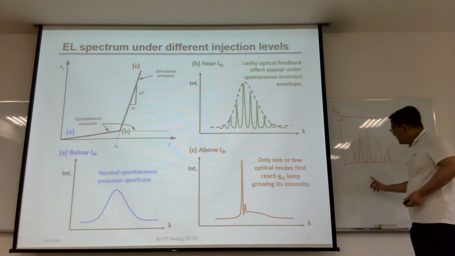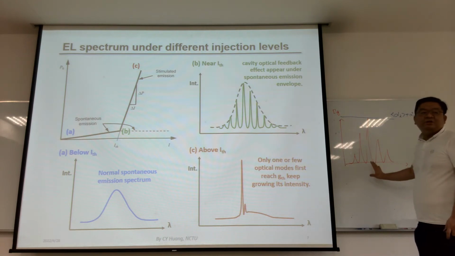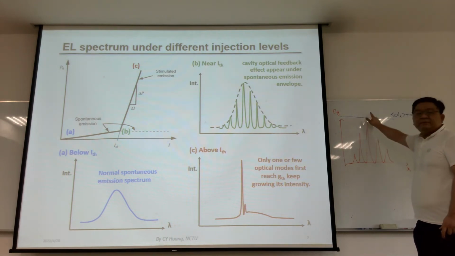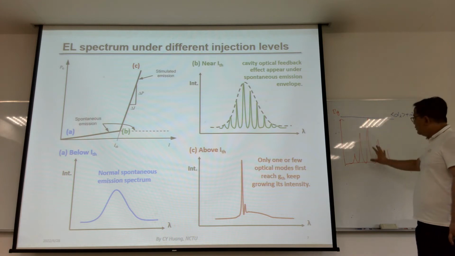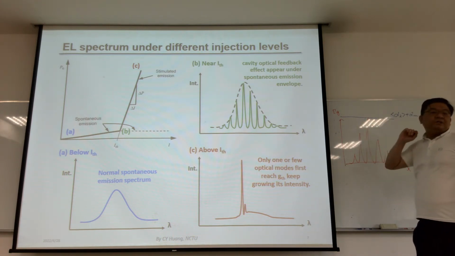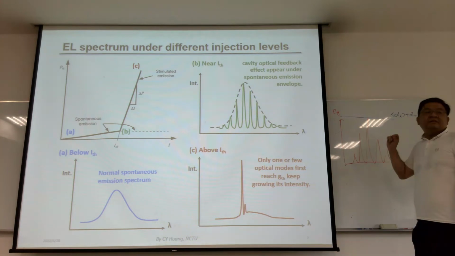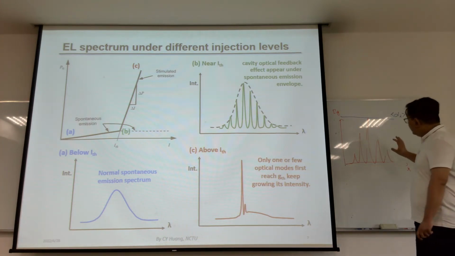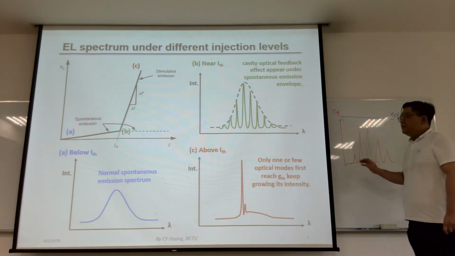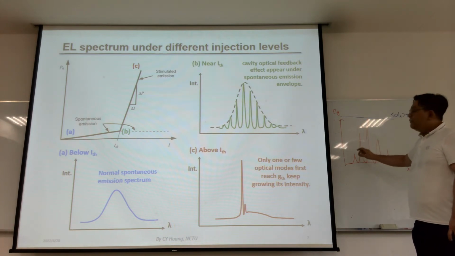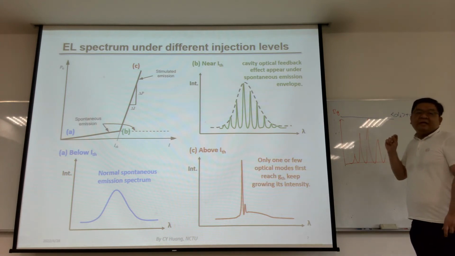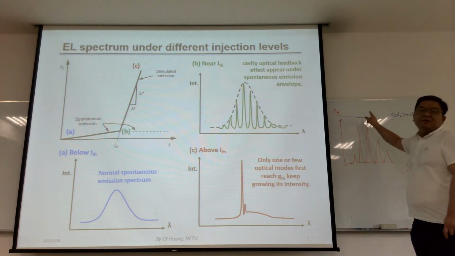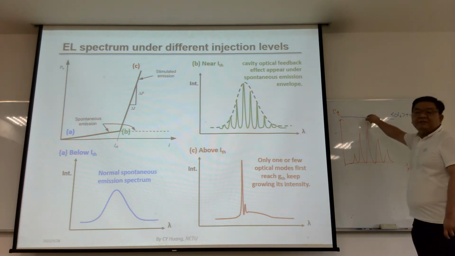So when you inject more carriers, this wavelength has already reached the threshold current density. Can you make the whole spectrum increase further? No, because of the gain clamping phenomenon, the spectrum will be fixed like this. But for this wavelength, all the excessive carriers will be transferred into the wavelength of this mode.